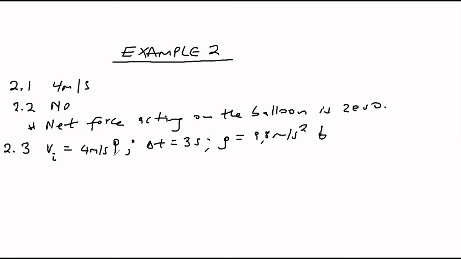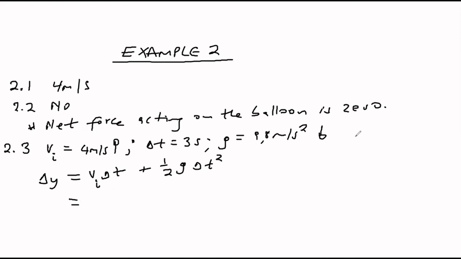Okay, so which means we use the ball to calculate the height of the balloon when the ball was dropped. So we use the entire motion here. So let's use this formula, delta y equals v initial delta t plus half g delta t squared. Let's substitute the known values.